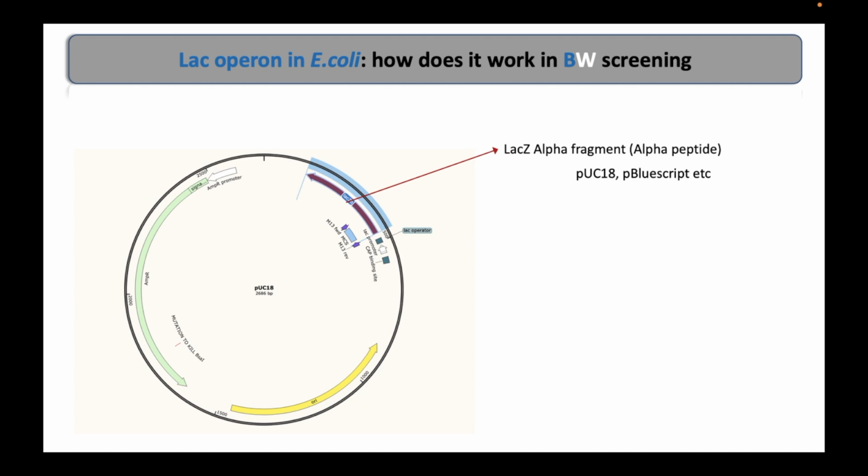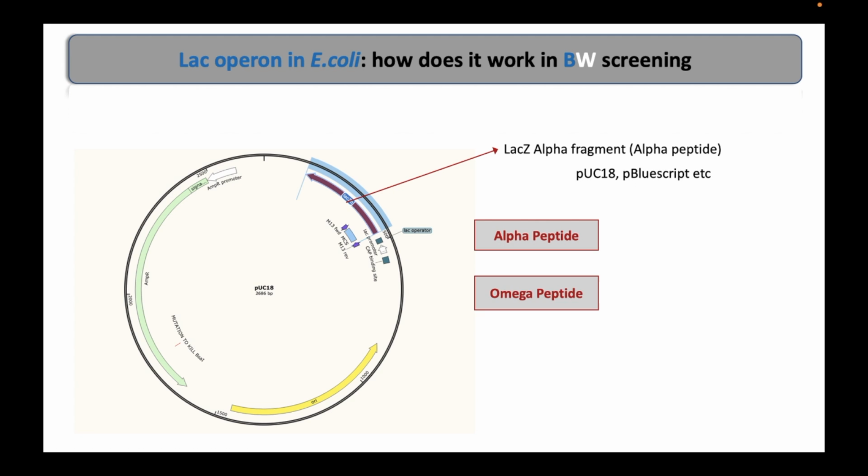For blue-white screening to work, you'll need to have another piece of the puzzle. Basically, they also genetically engineered the plasmid, or a set of plasmids, which contain a LacZ alpha fragment, also called the alpha peptide. This is an example of a vector called pUC18.